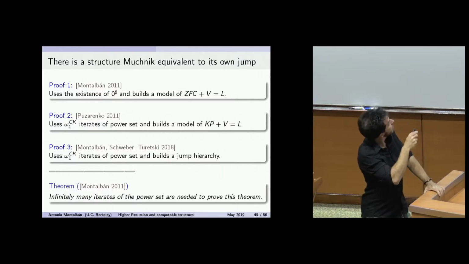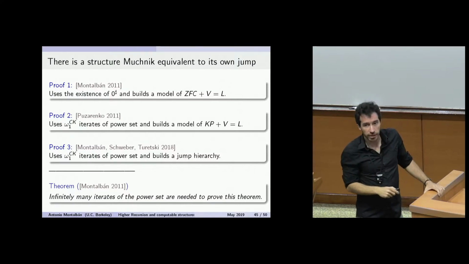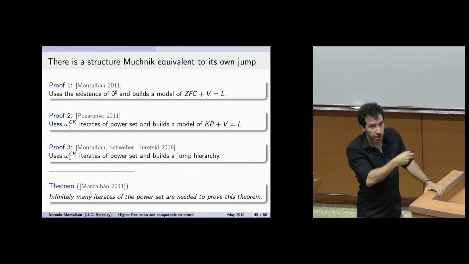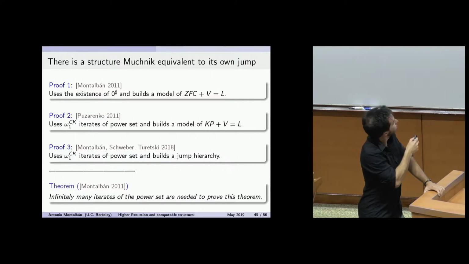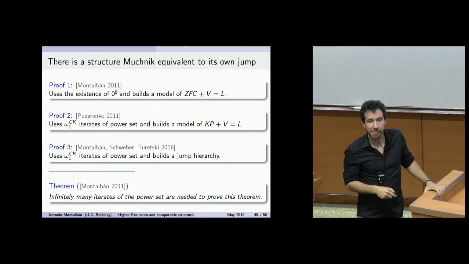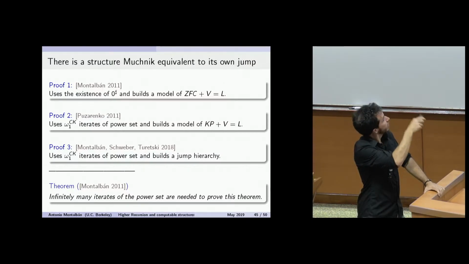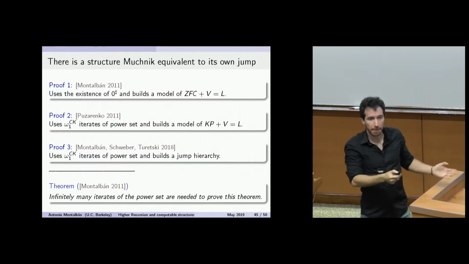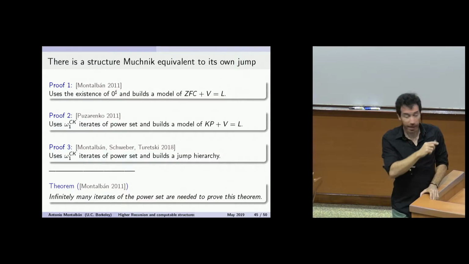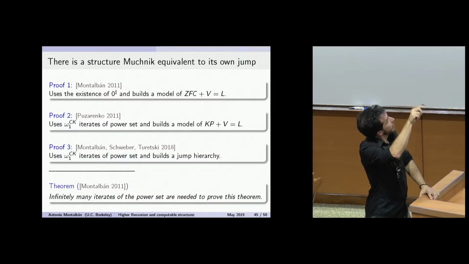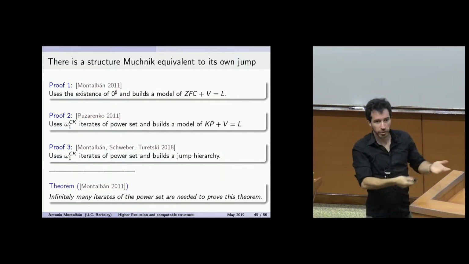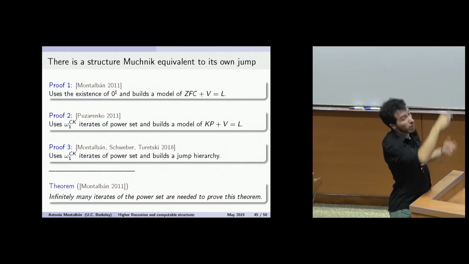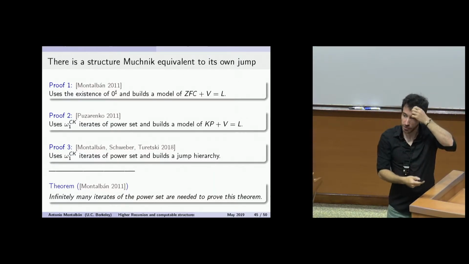So the fact that they all use iterates of the power set, we can prove that you need at least infinitely many. I don't know if you need omega 1 CK. Or maybe you can simplify them to use omega many iterates, or maybe you can improve this proof. I don't know, but at least it is a theorem that is not provable in the theory where most of mathematics is provable, even though it's about just one jump being equivalent to one jump.